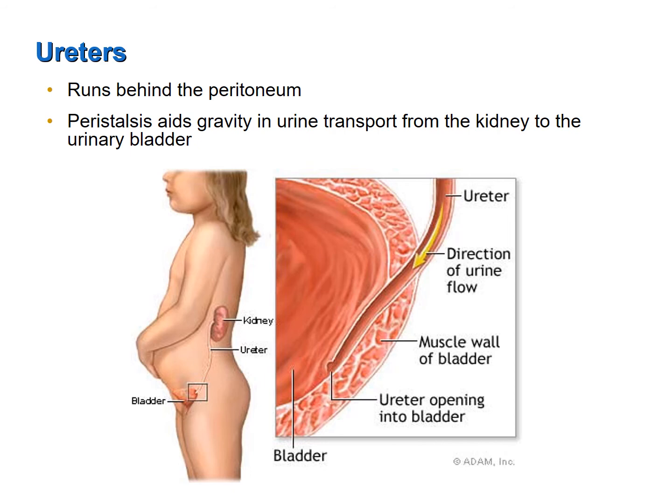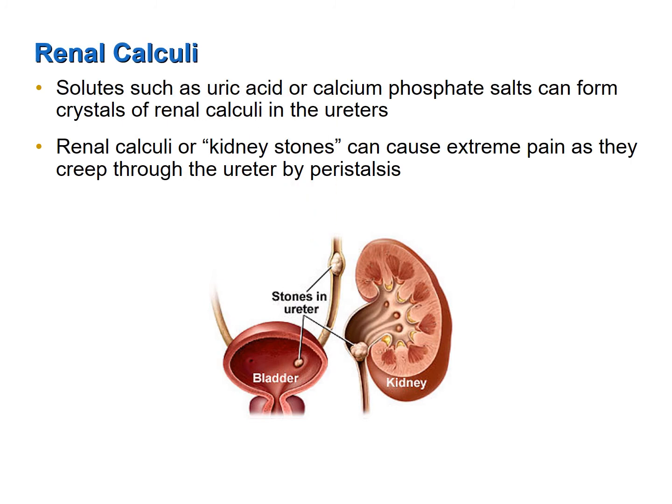Peristalsis, with the aid of gravity, transports urine down the ureter, where it enters the bladder through uretral orifices. Solutes of urine, such as uric acid or calcium phosphate, can fall out of solution and crystallize, forming renal calculi in the ureters.